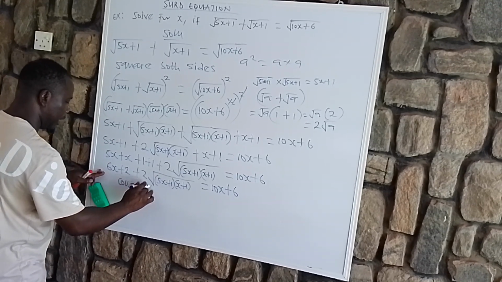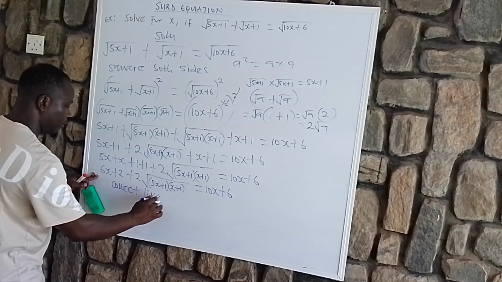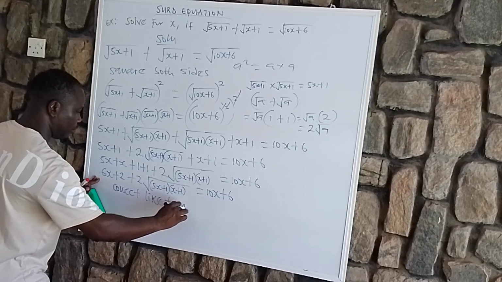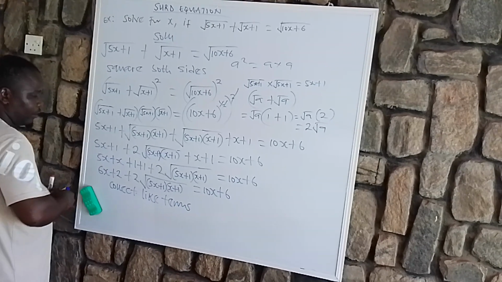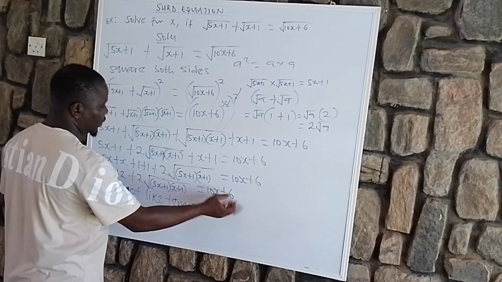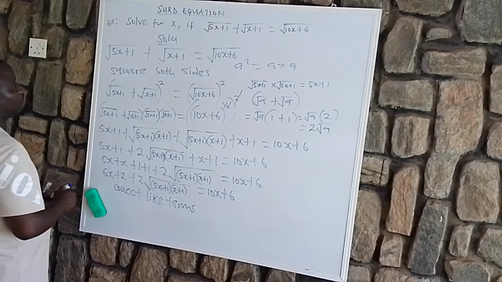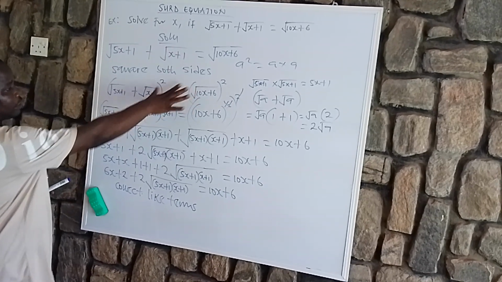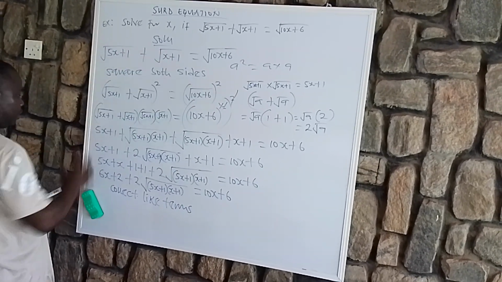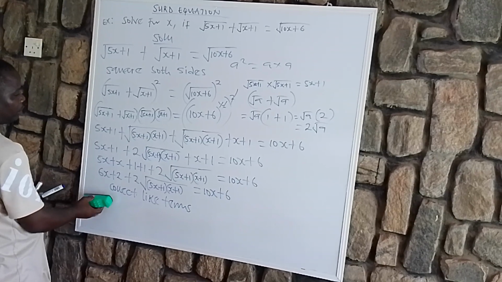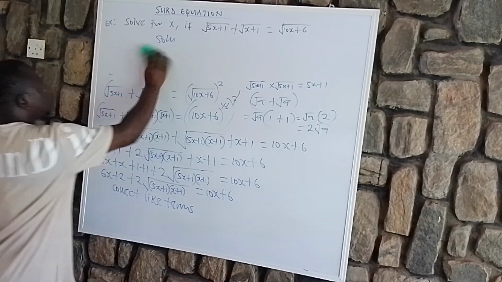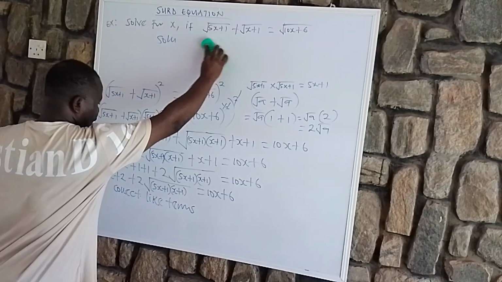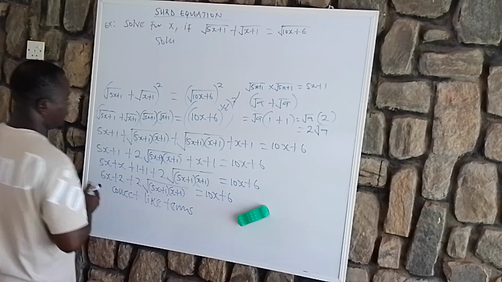At this point, we collect like terms. Remember that if any value crosses the sign of equality, it becomes negative.